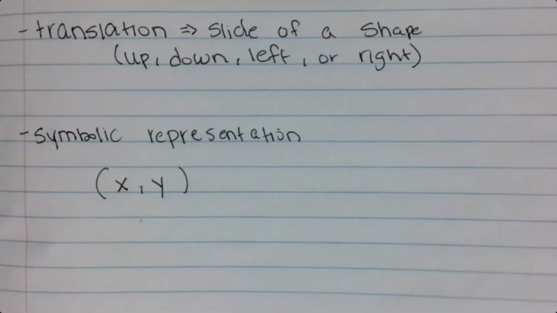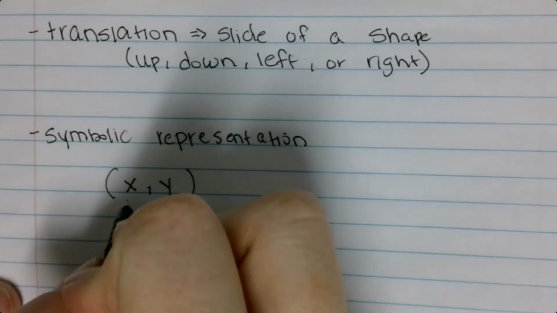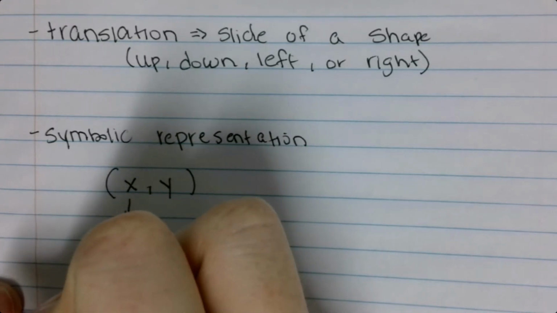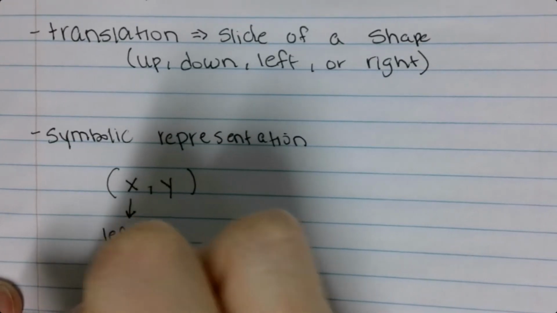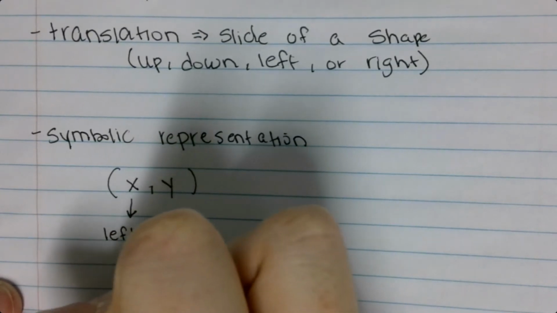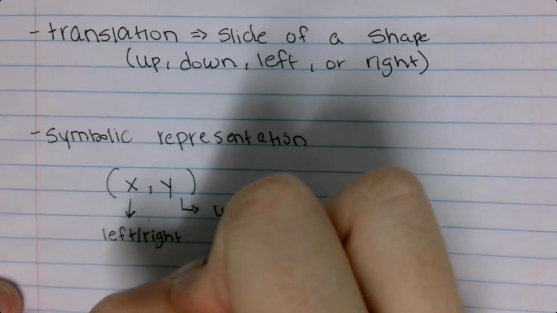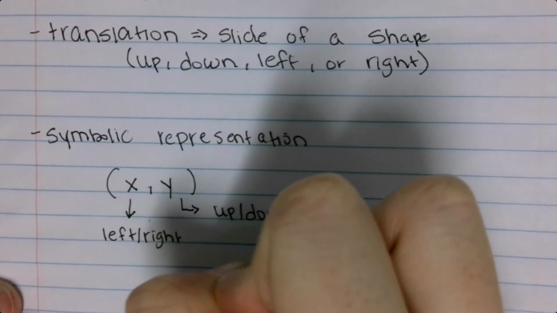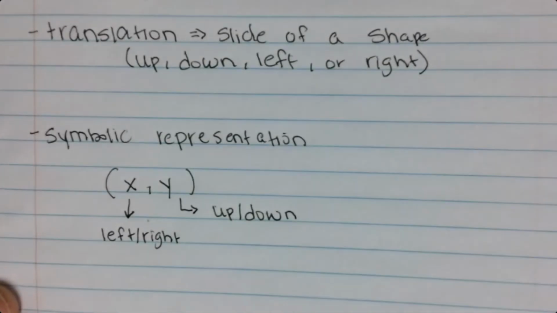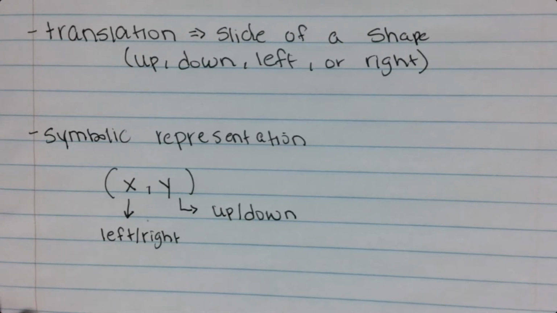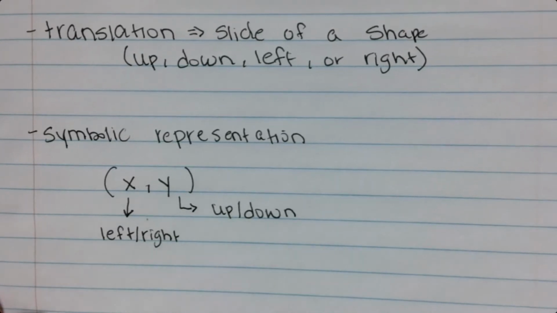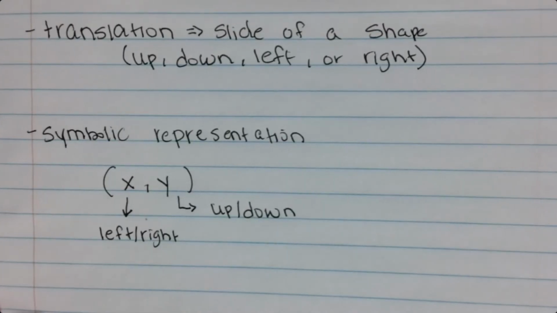You should also know that the x-axis is left to right, it's horizontal, and the y-axis is up and down. So when we're talking about symbolic representation, we're going to be talking about moving the x left and right and moving the y up or down.